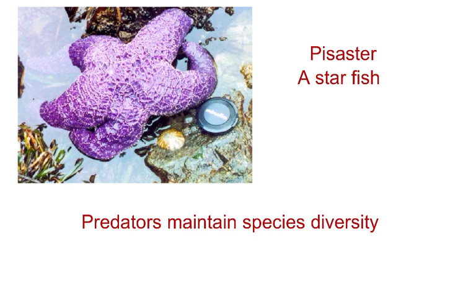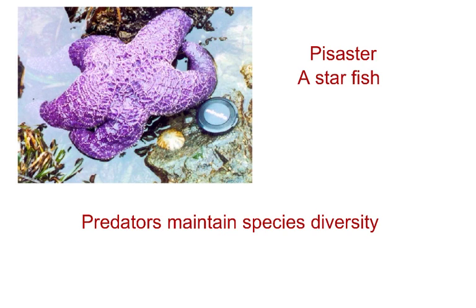Predators maintain species diversity. Predators also help in maintaining species diversity in a community by reducing the intensity of competition among competing prey species. In the rocky intertidal communities of the American Pacific coast, the starfish Pisaster is an important predator.